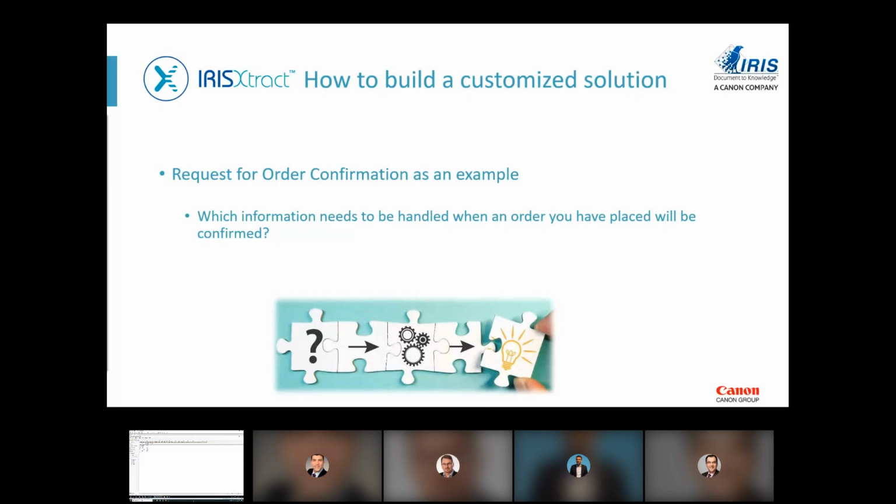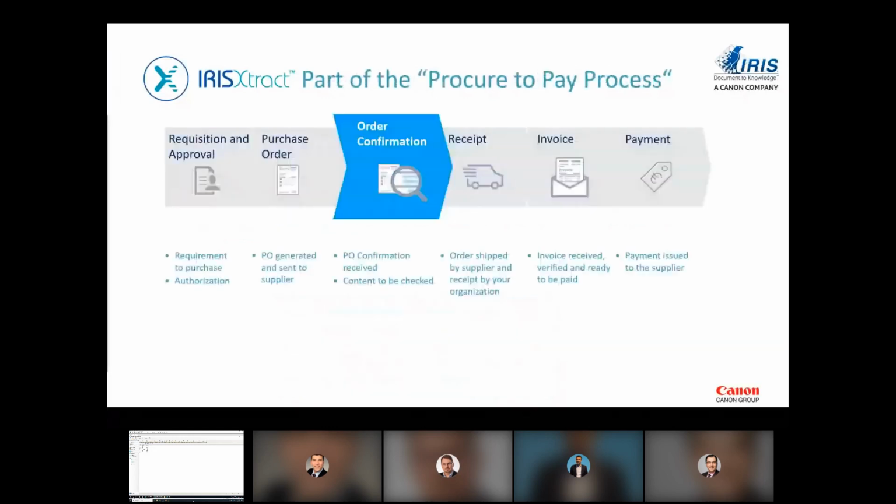So let's go one step back and have a close look on the whole process and see where we are. Looking at the process chart of the procure to pay process, often called the purchase to pay process, you can see that the part of the process we are interested in is right after a purchase order was generated and sent to a supplier.